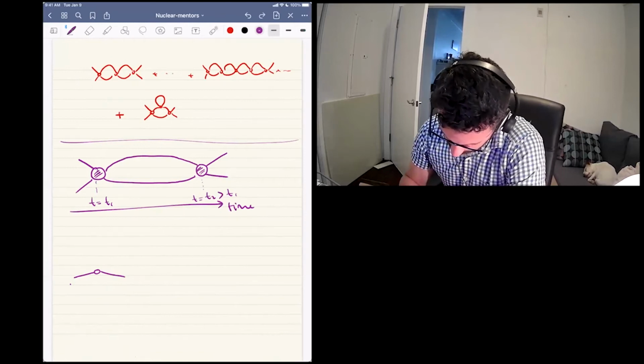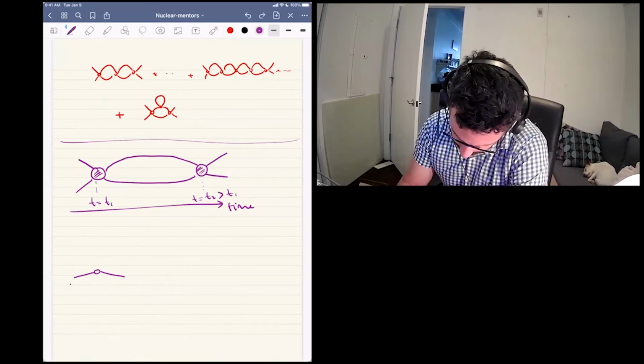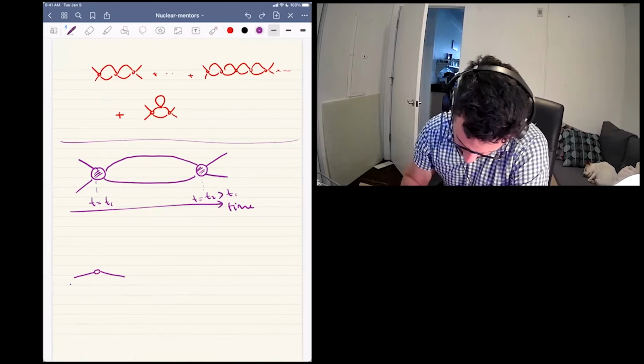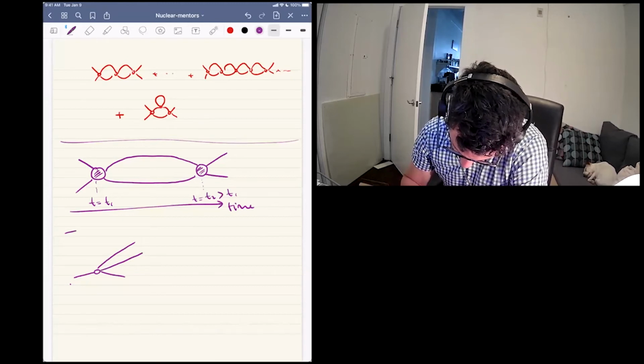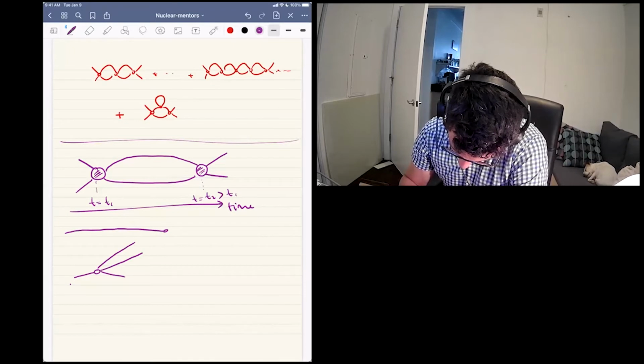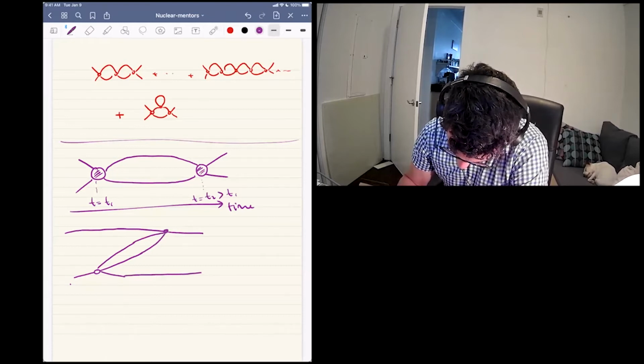So you have two particles. One decays to three particles, okay? And then the other one is just coming along. And then at some later time, these particles get absorbed into this one, and this one keeps on traveling.